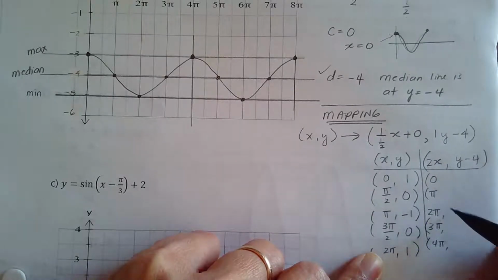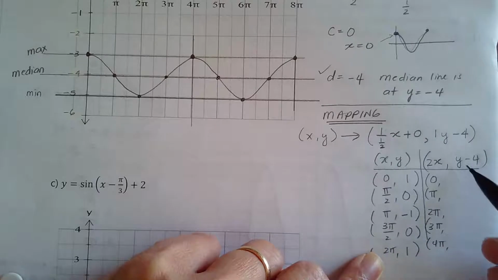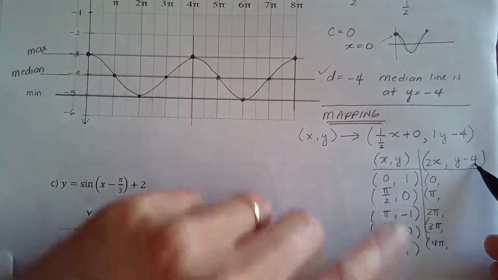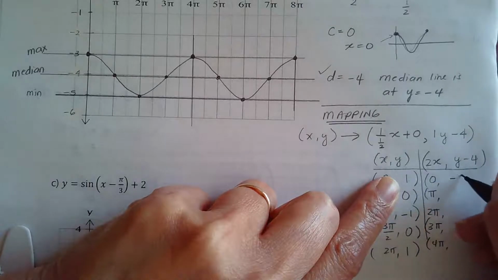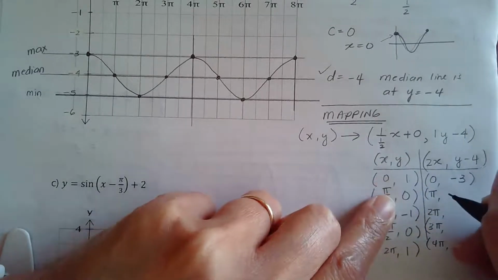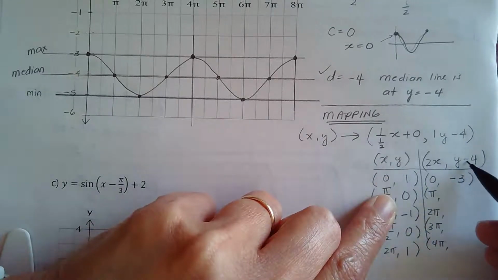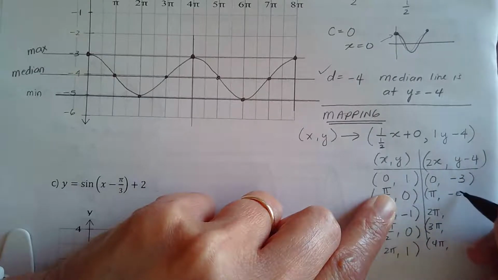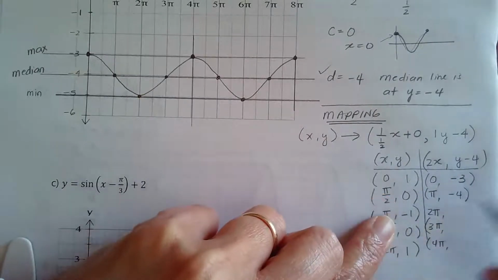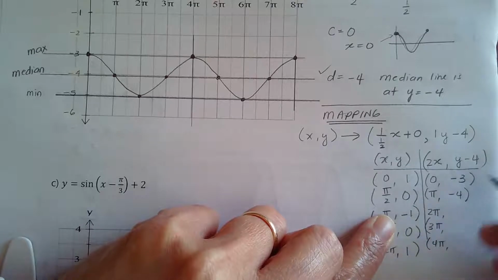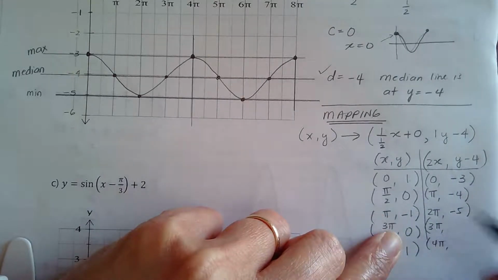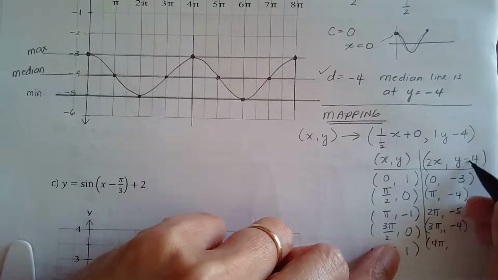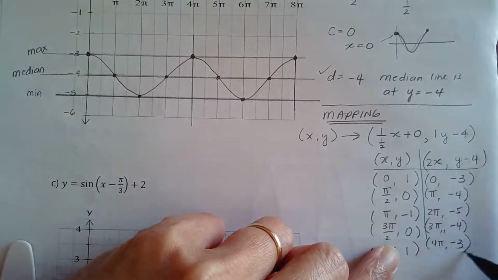Okay, that one's not too bad. And then y minus 4. 1 minus 4 is -3. 0 minus 4 is -4. -1 minus 4 is -5. 0 minus 4 is -4. And then 1 minus 4 is -3.